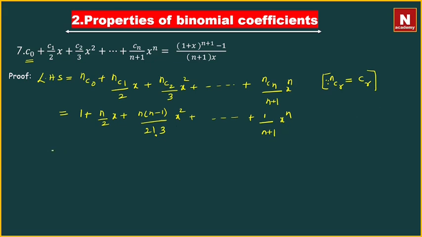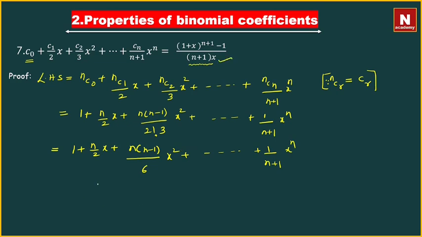Next, this step equals, once again, n by 2 into x, n into n minus 1 by, 2 factorial is 2, 2 3s are 6, x square, and so on, 1 by n plus 1 into x power n. Here, in the RHS, the denominator I have is n plus 1 into x.